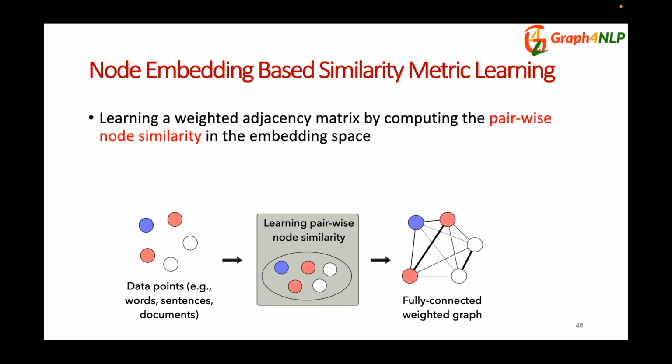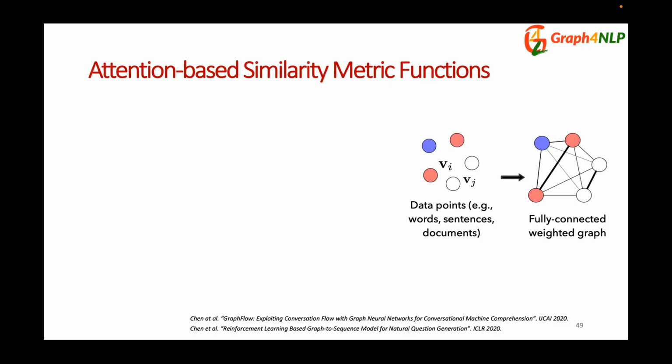And the output is the weighted adjacency matrix, which corresponds to a fully connected weighted graph. Common metric functions for this purpose include attention-based and cosine-based functions. Let's first talk about attention-based graph similarity metric functions.